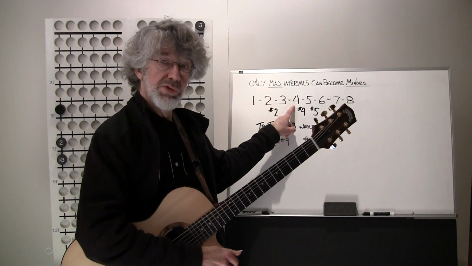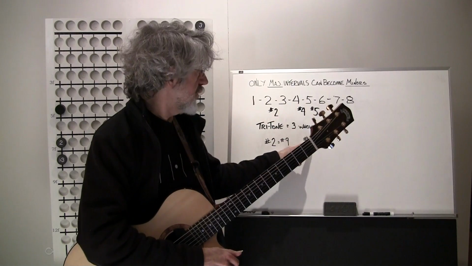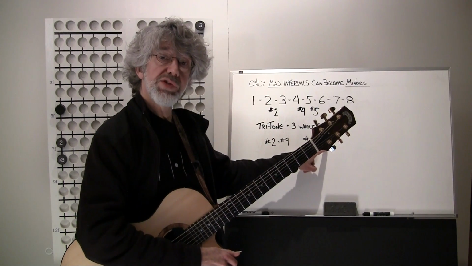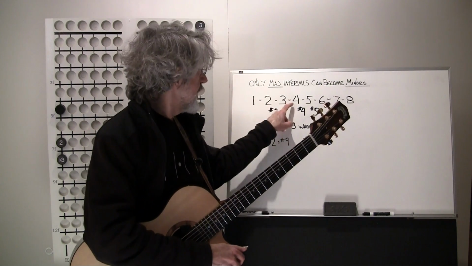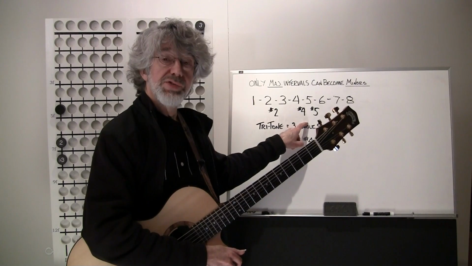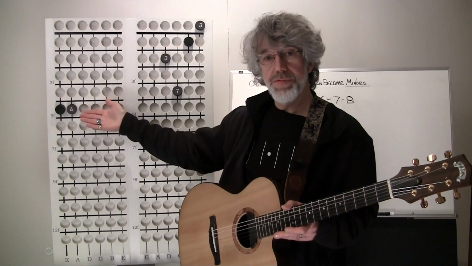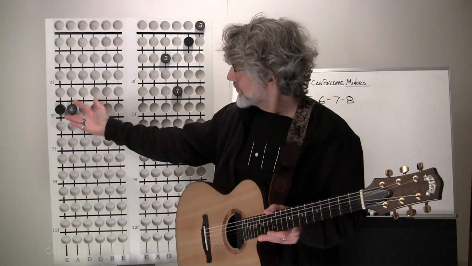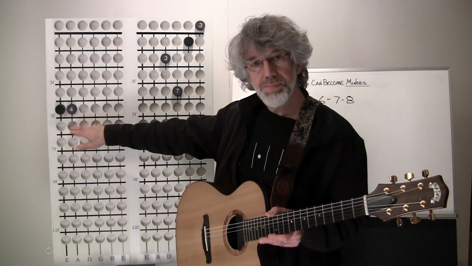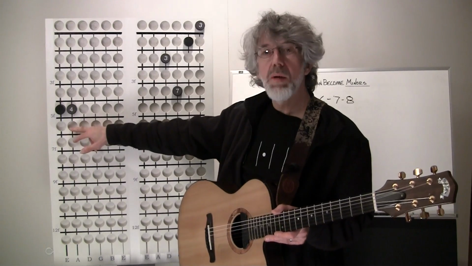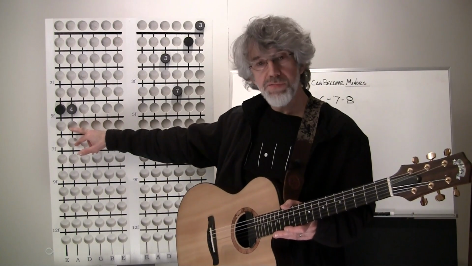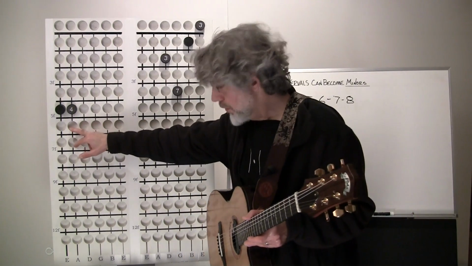However, the 4th scale degree, which you all know as the 11th in its compound form, the 4th can be raised to create an augmented 4th. Here's the shape of a perfect 4th. If I take this note up a 1/2 step to here, it becomes a sharp 4, or a raised 4, or an augmented 4.